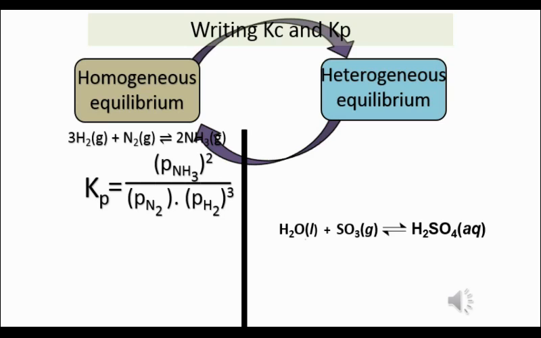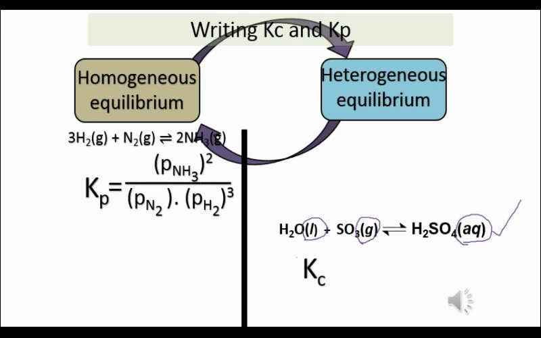Next, let's look at heterogeneous equilibrium. Given to you is an example of the equation. Look at the equation. It is a heterogeneous equilibrium because the phases of all the components are in different states. We have a liquid reactant, we have a gas reactant, and we have an aqueous product.